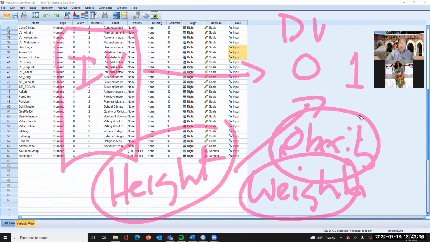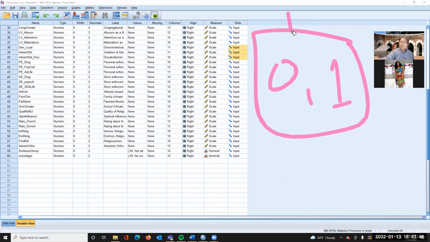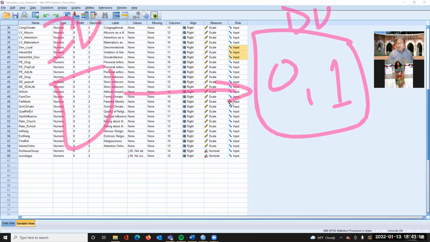And then when we talk about all of these, we might then consider eating disorder. So in other words, we want to make sure that our independent variables, in fact, do explain suicide attempts.